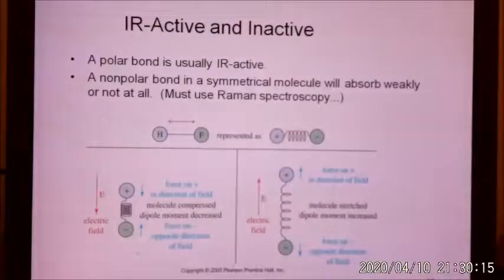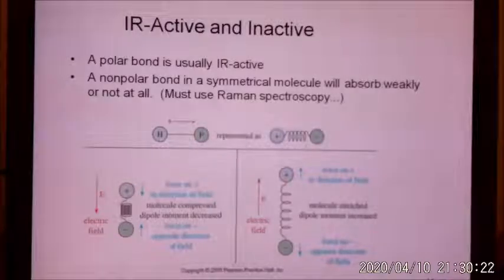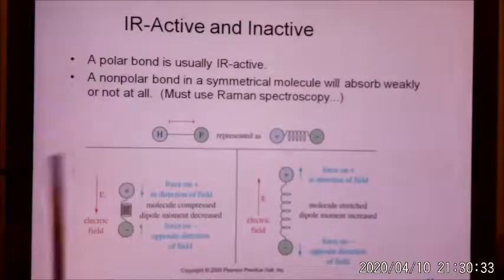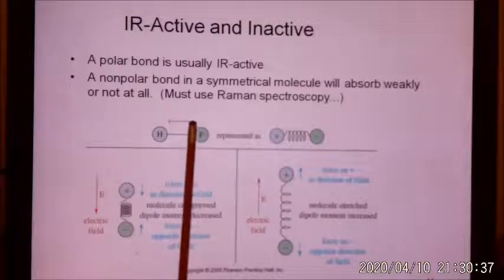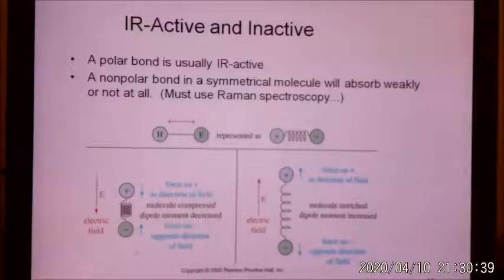IR active. It turns out when you look at IR, we can't see every single vibrational mode. So what do we need besides these vibrational modes? You need a polar bond. You have to have a permanent dipole. If you have a polarizable bond, like carbon-hydrogen, it's only 0.4 if you look at electronegativity. That's still polar enough for you to see it.